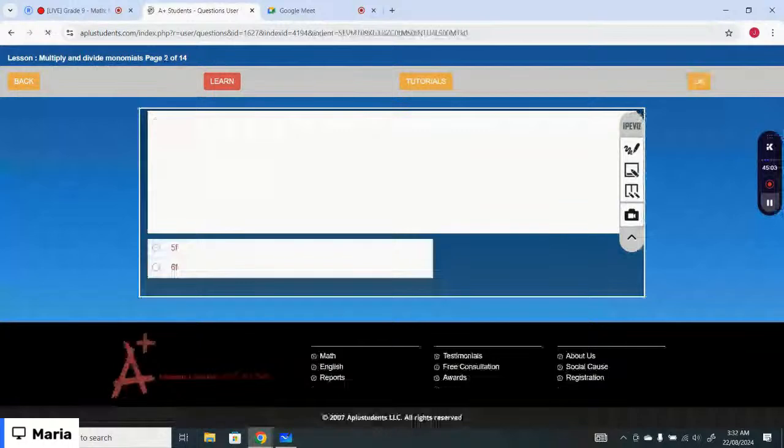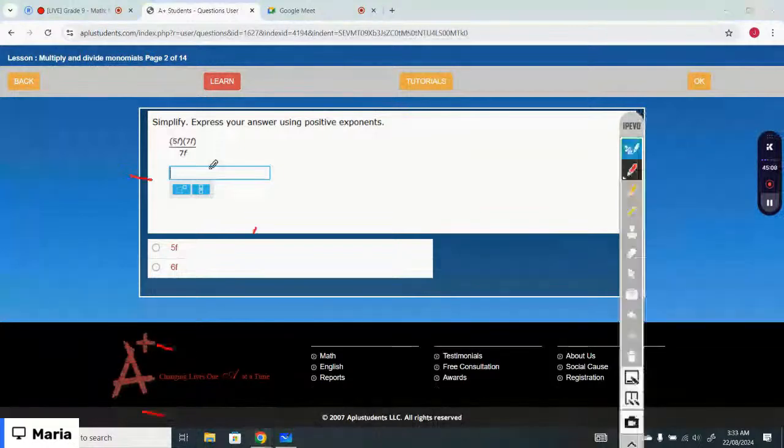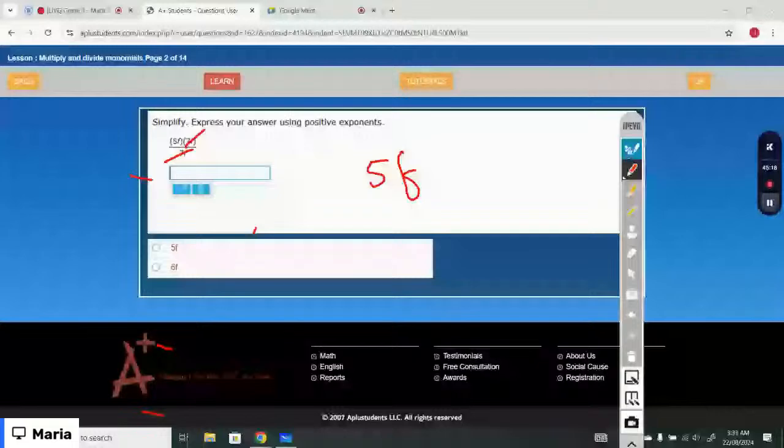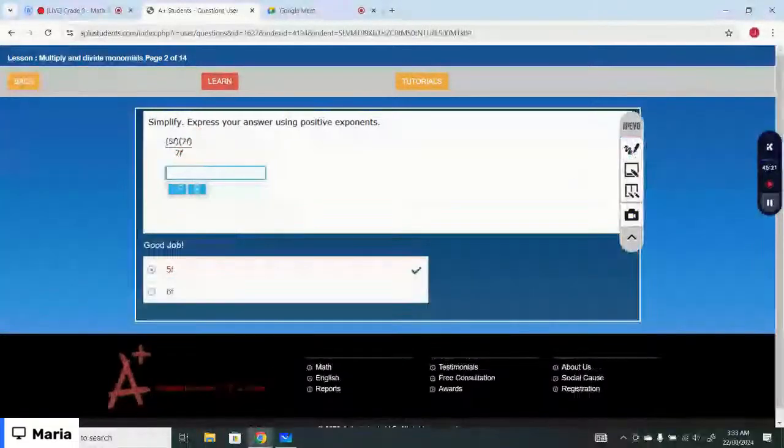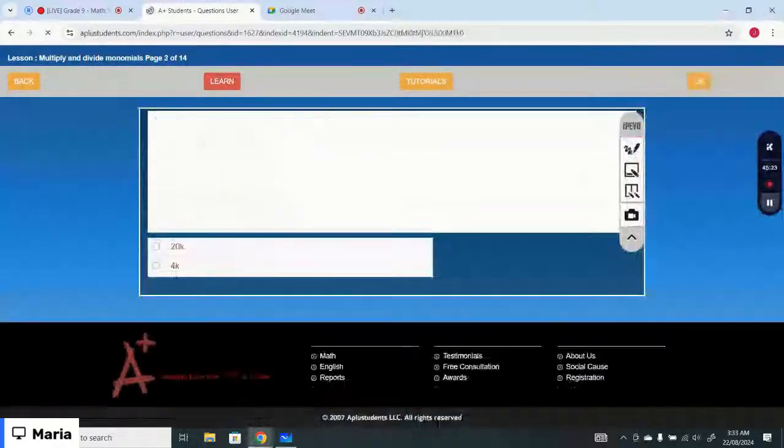The next one is simplify 5f times 7f divided by 7f. So which is the correct option? 7f and 7f cancel out each other, right? And you are left with 5f. Option number 1 is the correct option. Okay, simplify 5k times 4k divided by 5k. So which is the correct option?